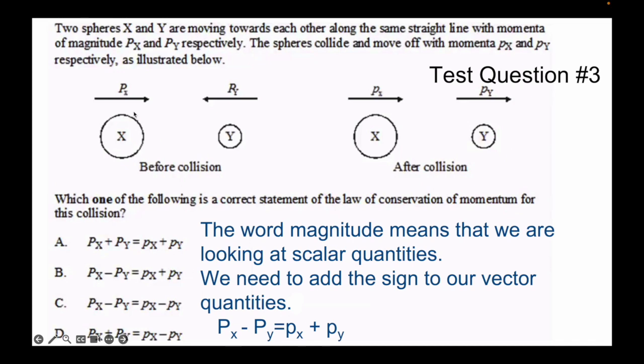So in the beginning, we end up with px is going to the right, so it's positive, py is negative, and in the second case, we end up with px is positive and py is also positive. So we end up with B as our answer, with our px minus py is equal to px plus py.